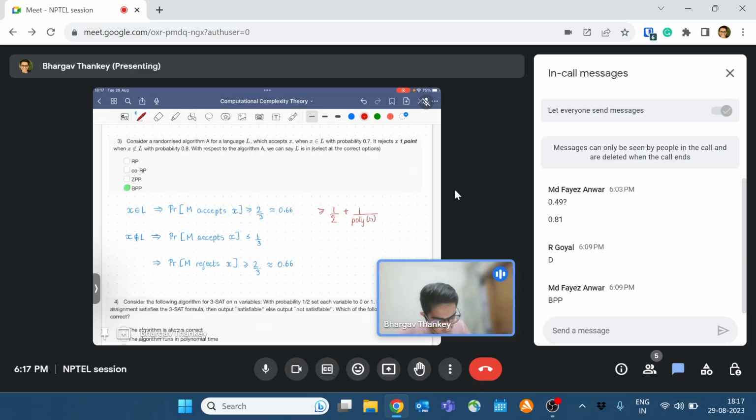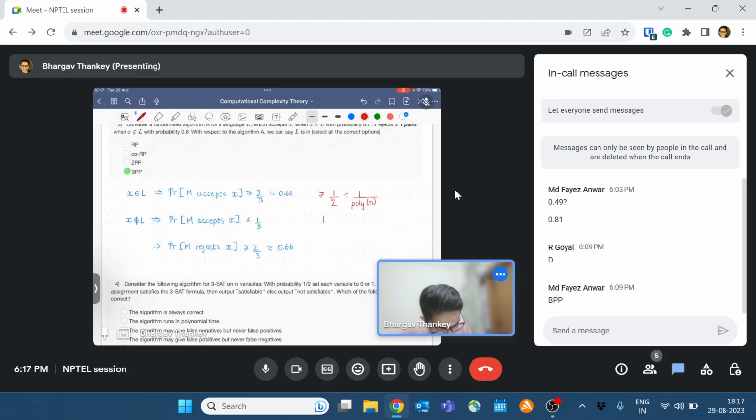Now in this question, what is this difference? 2 over 3 minus 1 over 2 is equal to 4 minus 3 over 6, which is 1 over 6, and 6 is poly n. So this function can be as large as poly n.